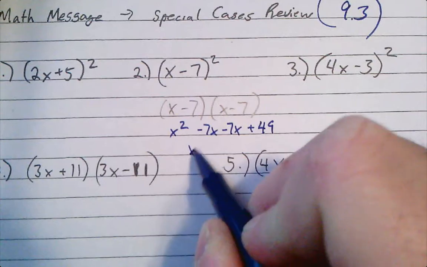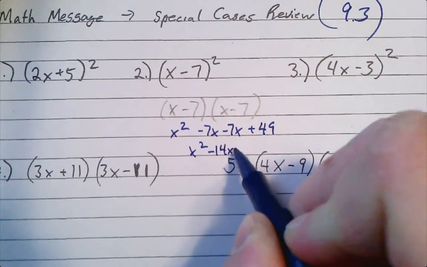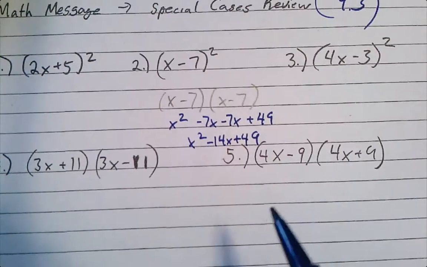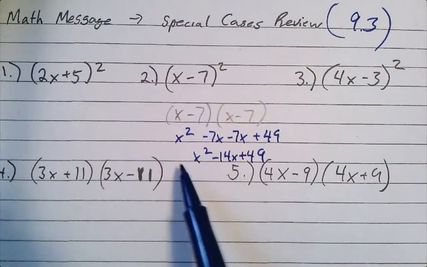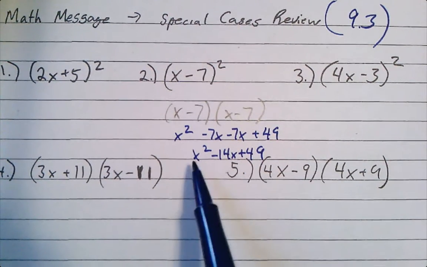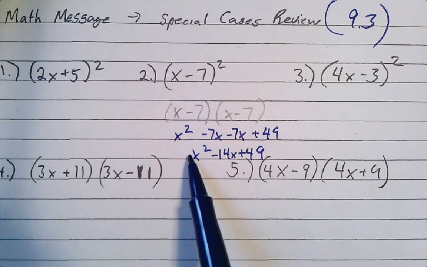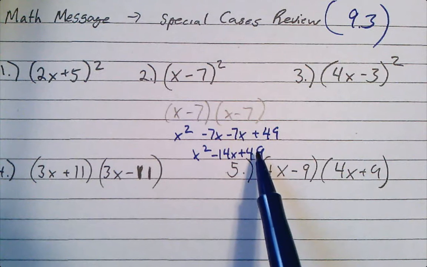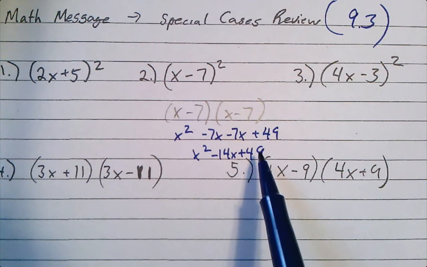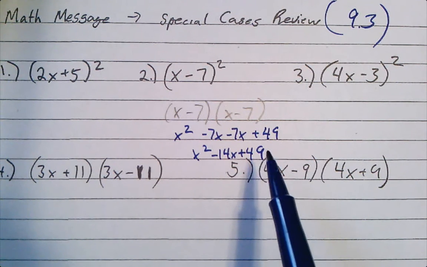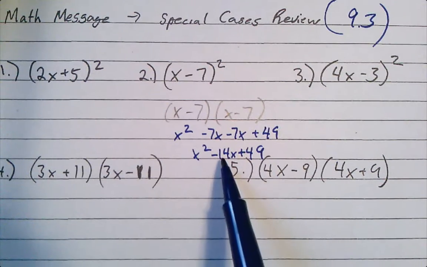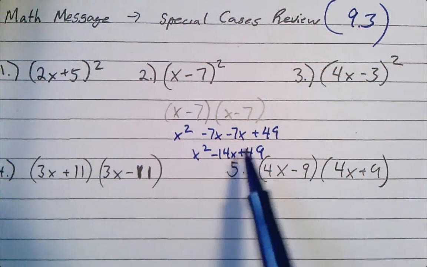So you're left with x squared minus 14x plus 49. You can see the special case here. They're both perfect squares, and the square root of the first is x, the square root of the last is 7. And 1 times 7 is 7, and then double it, it gets back to negative 14. So it works that way.